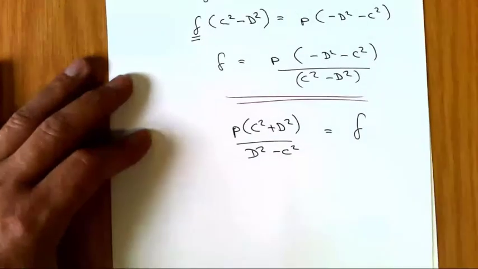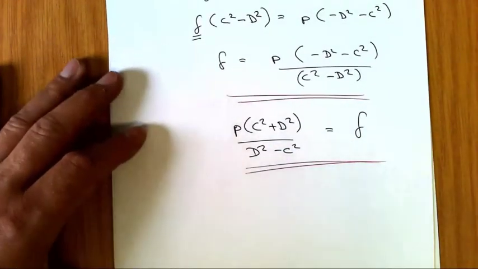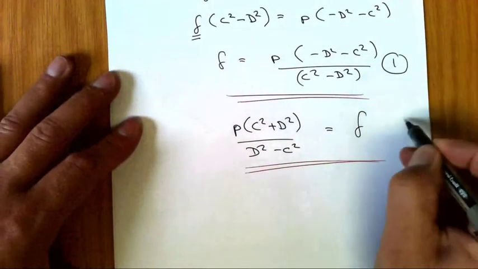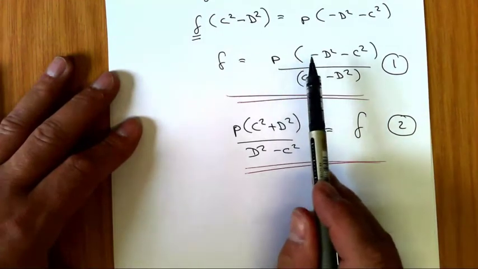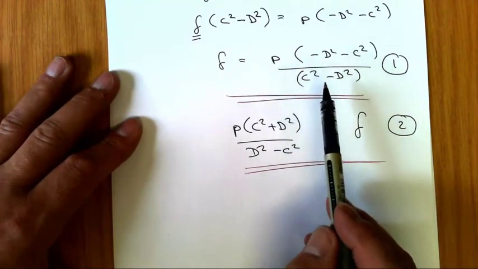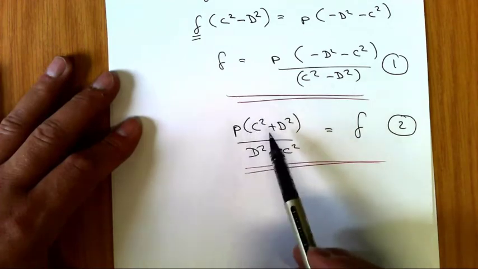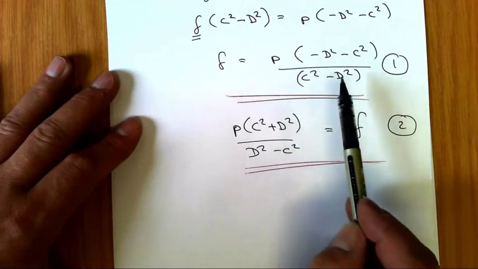If we look at these two, they must be the same because f equals that. And the only difference between this one and this one is that if I times the top by minus 1 and I times the bottom by minus 1, I'll get to here. And equally, if I times the top by minus 1 here, I'd get to that. If I times the bottom by minus 1, I'd get to this.